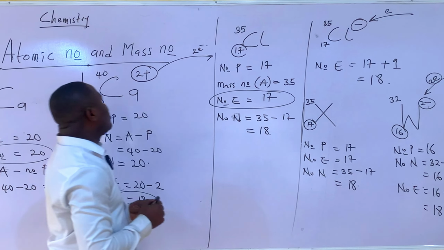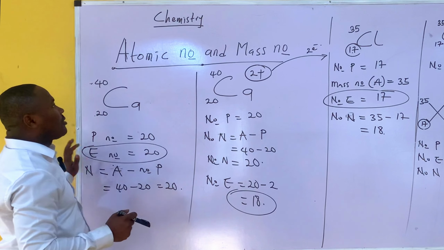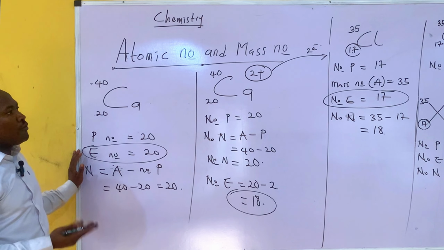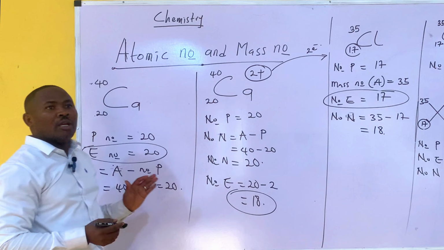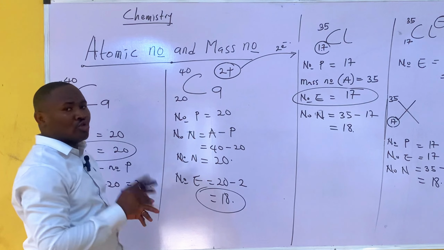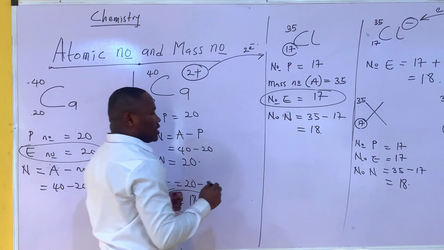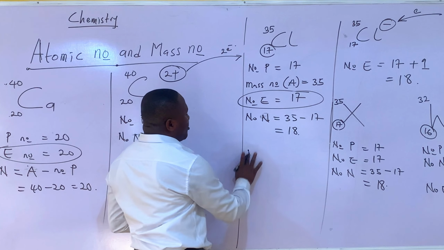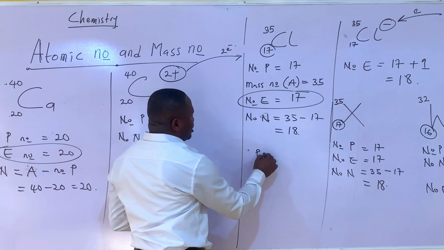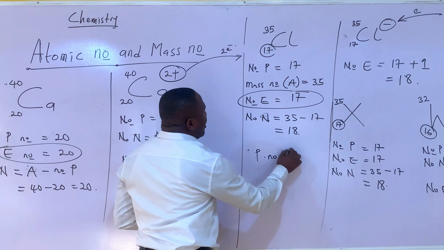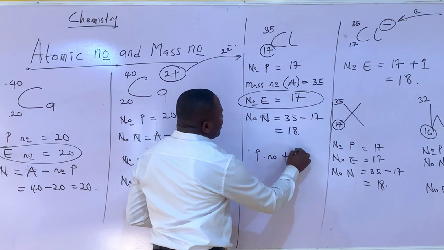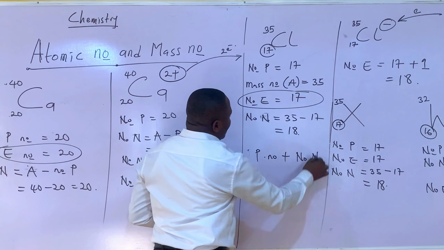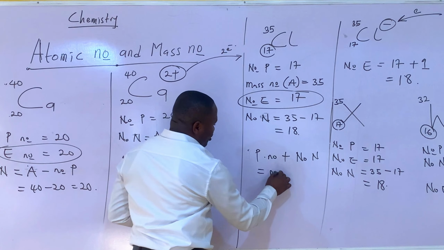I believe you've been able to understand how to calculate number of proton, number of neutron, and number of electron in an atom of an element. Note, to end this video for this section, the sum of proton number and neutron number is equal to mass number.